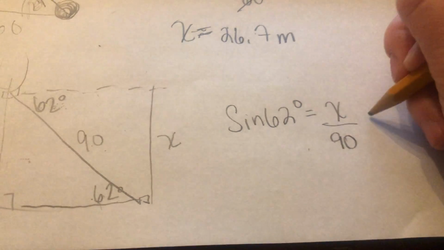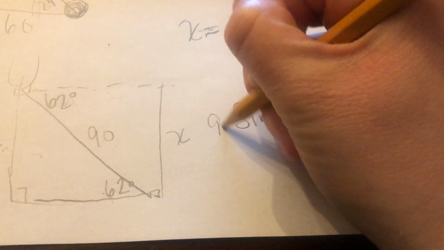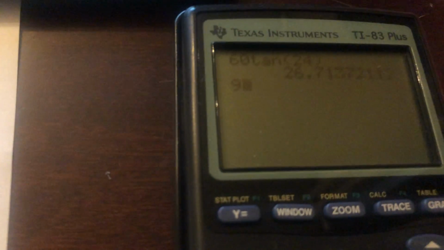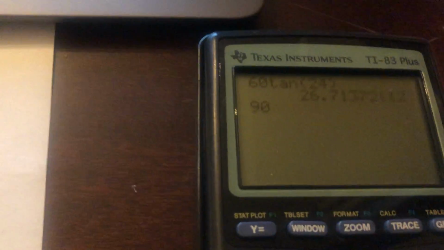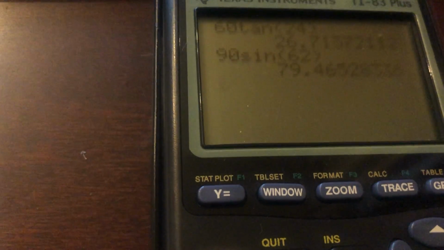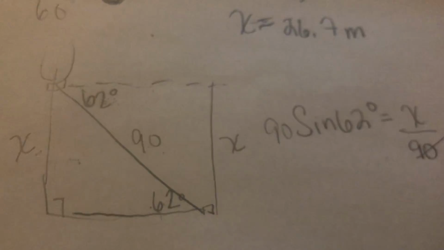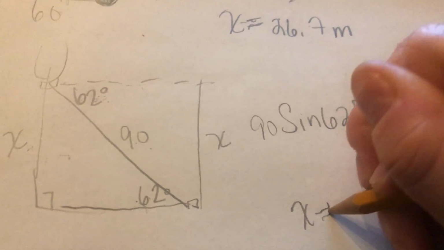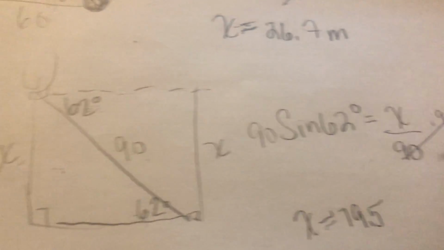And then I'm going to just multiply both sides by 90. So I get, let's go here in my calculator, 90 times the sine of 62 degrees. Again, make sure you're in degrees, about 79.5. Okay, so x is about 79.5.